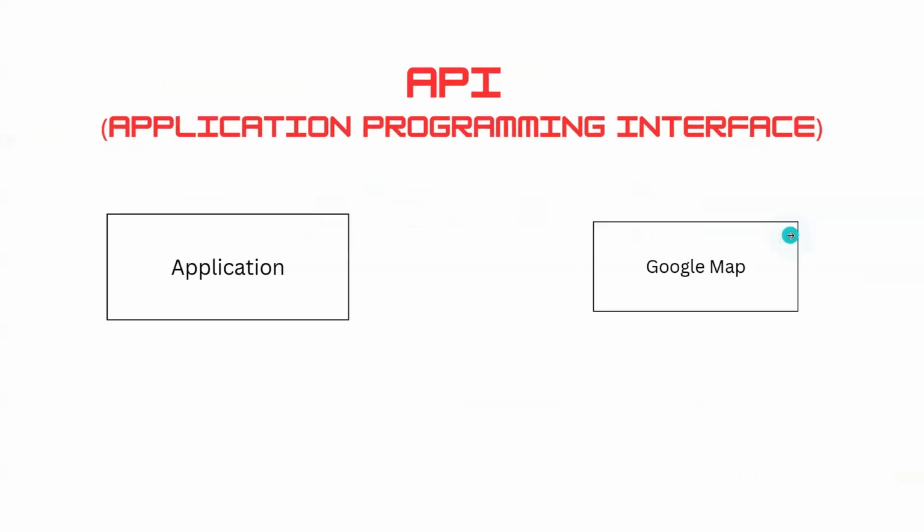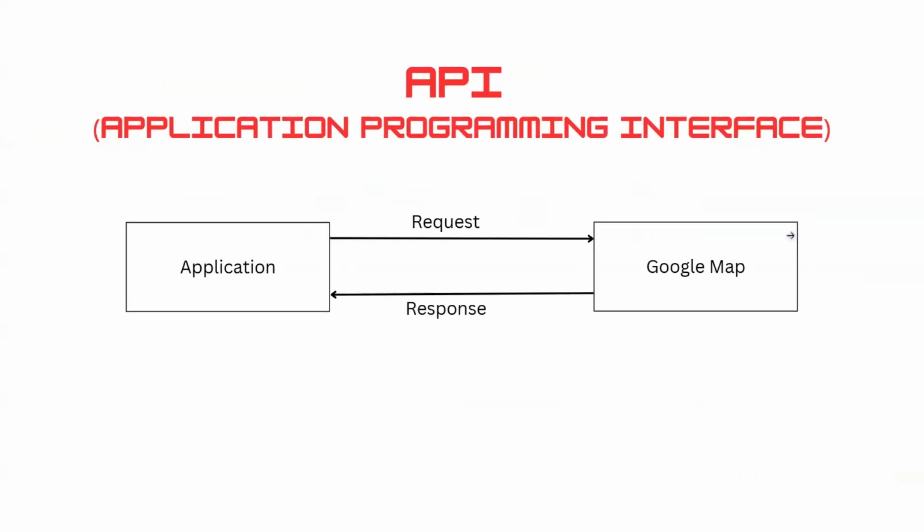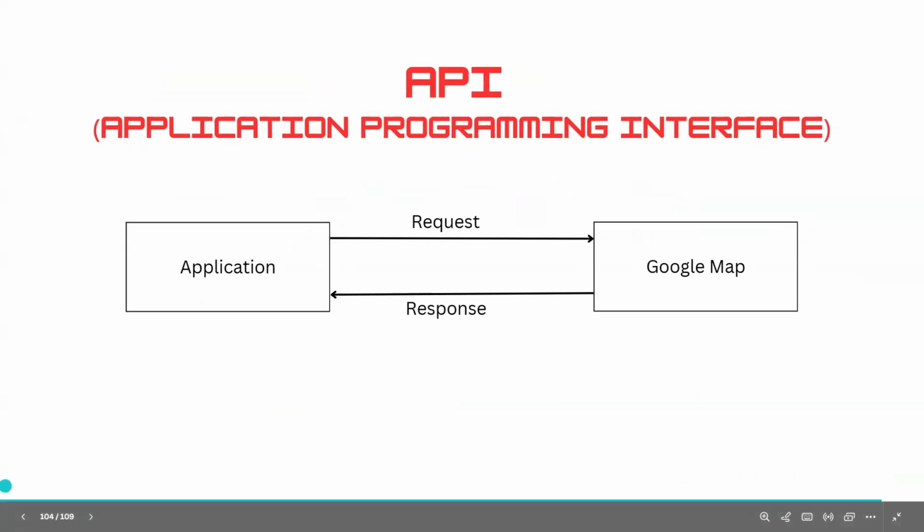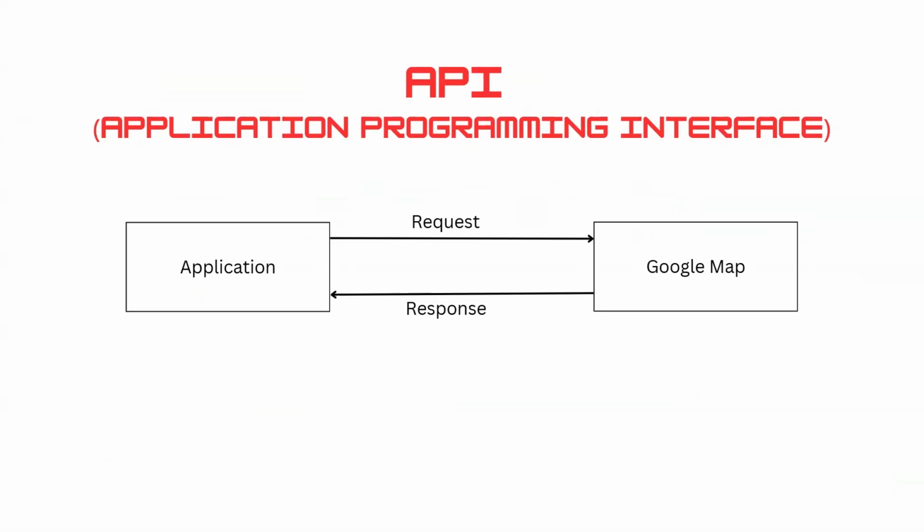Let's first talk about APIs in detail. Suppose you own a company and want to integrate Google Maps into your application to display store locations you have in different places, for example Phoenix, Chicago, Austin, New York, as well as add new store locations, update the address or phone number of existing ones, or delete locations if a store doesn't exist anymore.